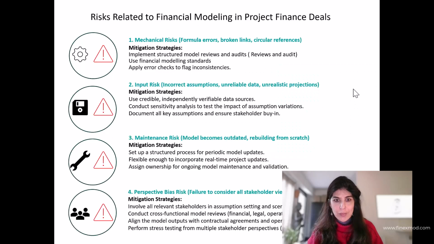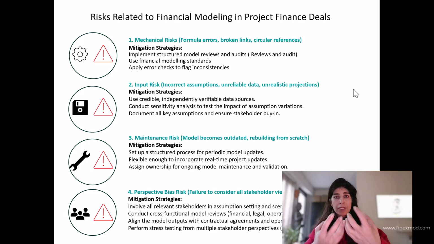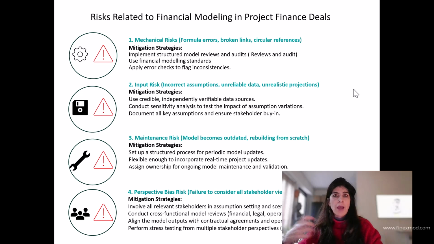So the way to mitigate it is to have a flexible model and to have a financial modeler or financial modeling company that can take ownership of the financial model, can help you throughout the project life cycle to maintain the model, make changes. There might be some simple changes, there might be some structural changes in the model in each stage of the project.